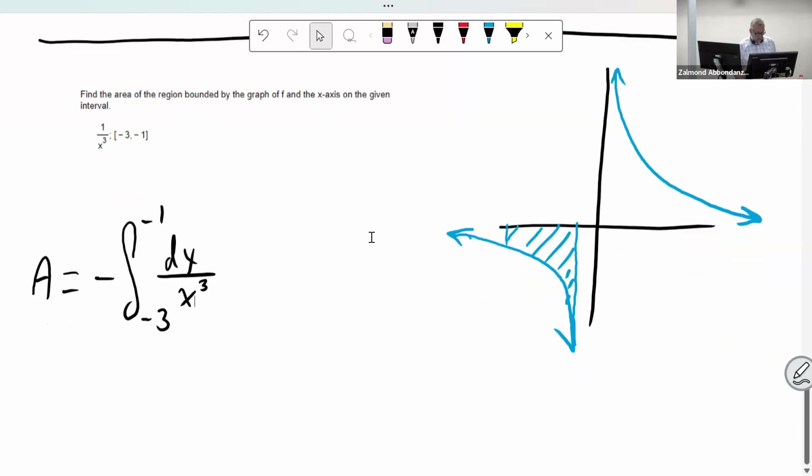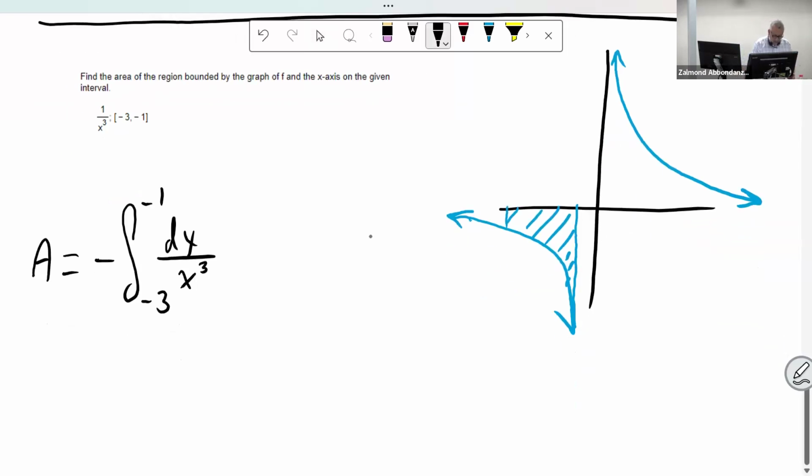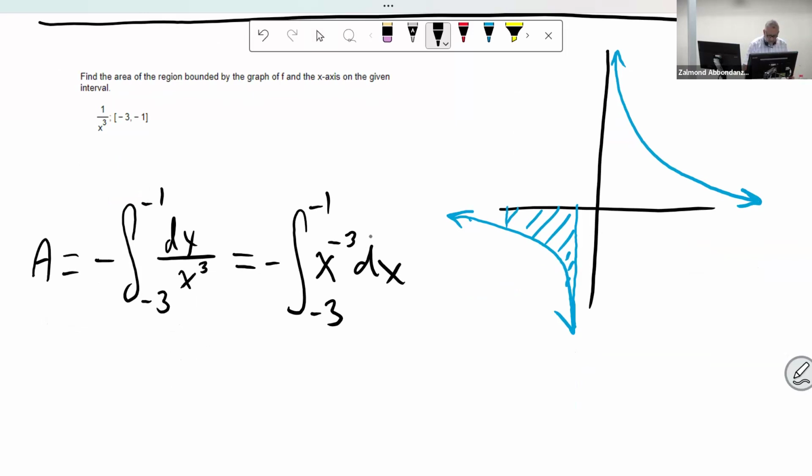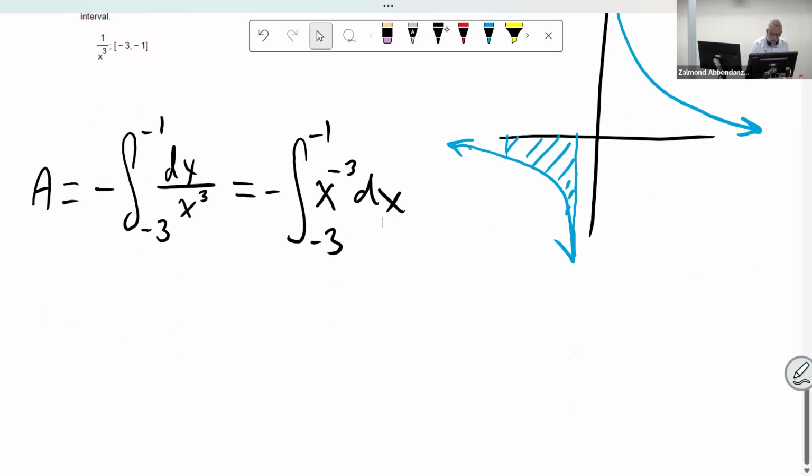And then we perform our magic. So this is going to be negative the integral from -3 to -1 of x to the -3 dx. I'm just rewriting it this way because it makes it easier for me to know how to use the power rule. So this equals negative, and the antiderivative of x to the -3, we add 1 to that exponent.